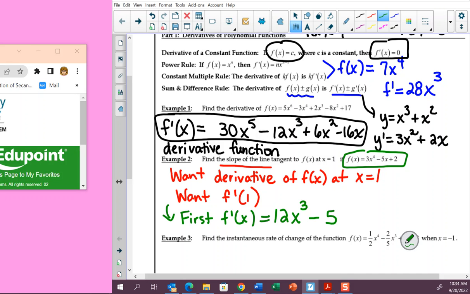Let's make sure we're all okay with where the 5 came from. Are we okay with how power rule of 5x leads us to 5?